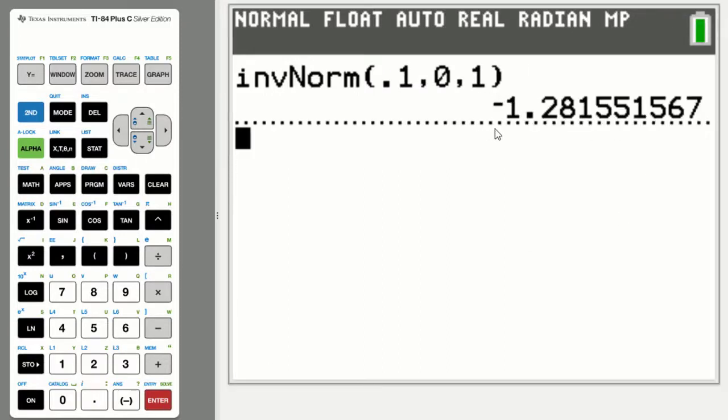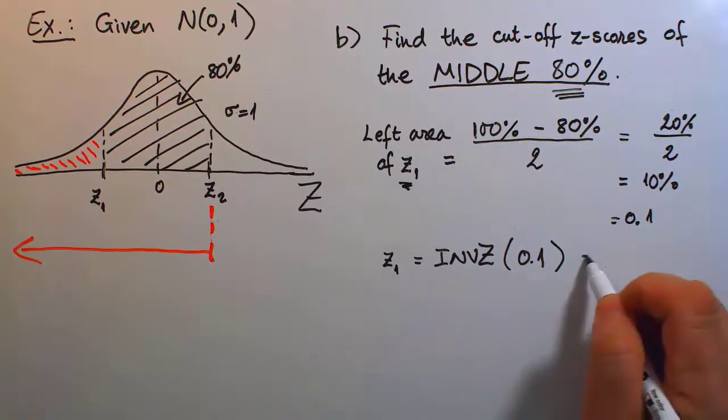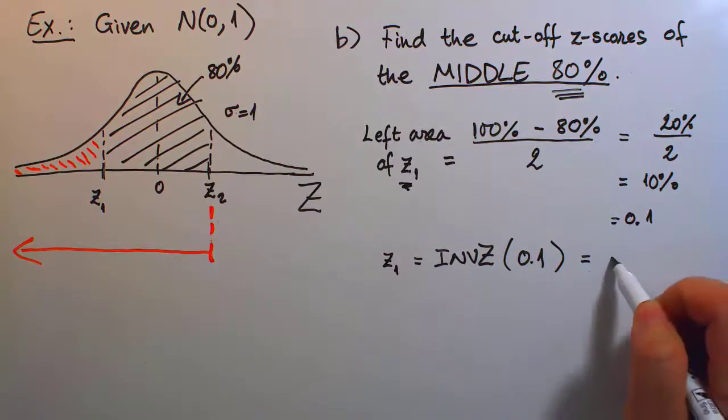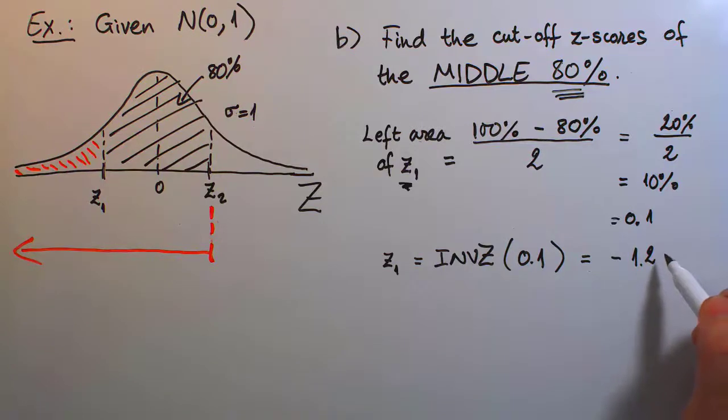And that is now the exact result, as we have seen how I obtained that through my developed INVZ program. And so the Z-score we're looking at now is negative 1.2815516.